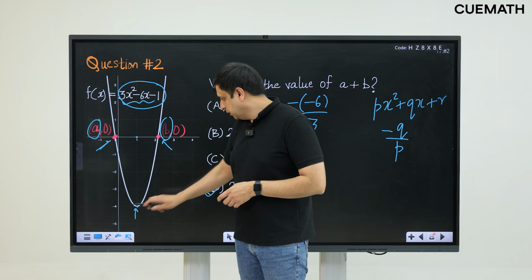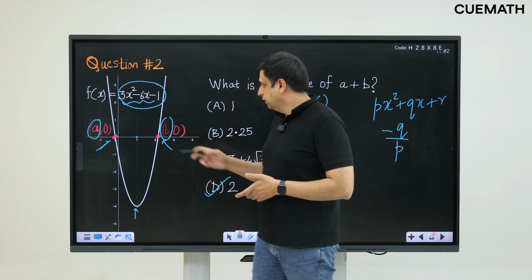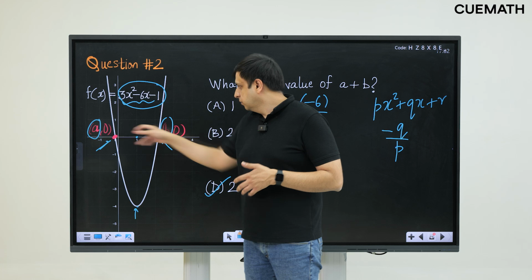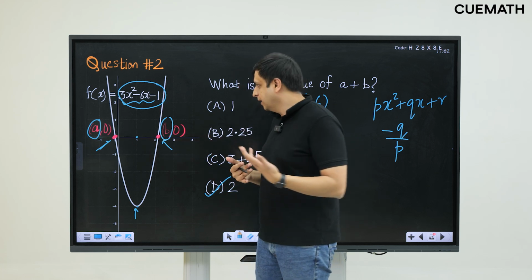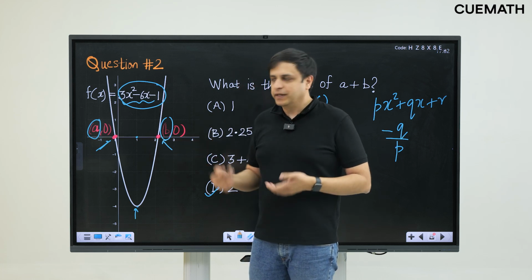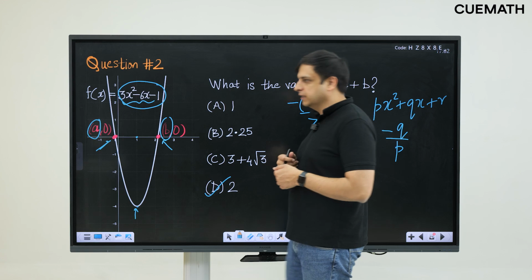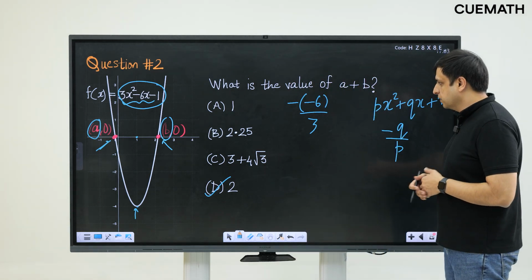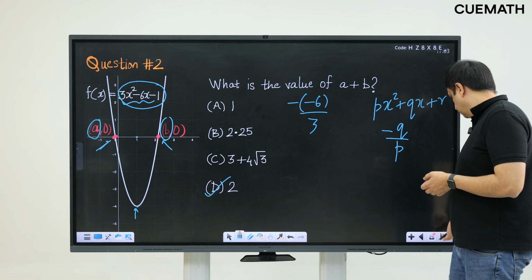So the midpoint of these 2 points, (a + b)/2, should be 1, which means that a + b should be 2. You can make that observation directly from the graph, but the formula is equally good as well. So a + b here is equal to 2.